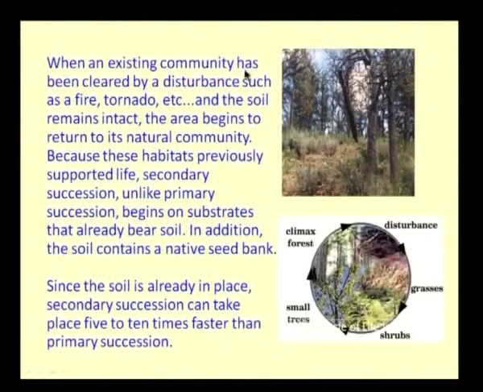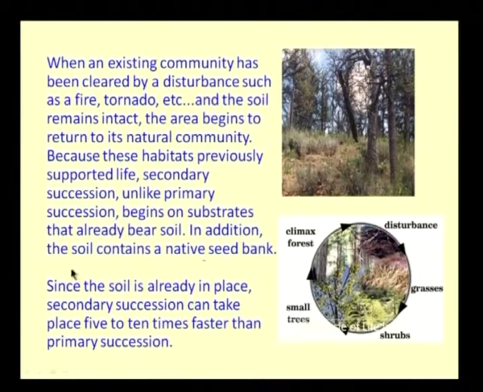So, when an existing community has been cleared by a disturbance such as fire, tornado, etc., and the soil remains intact, the area begins to return to its natural community. Because these habitats previously supported life, secondary succession, unlike primary succession, begins on substrates that already bear soil.